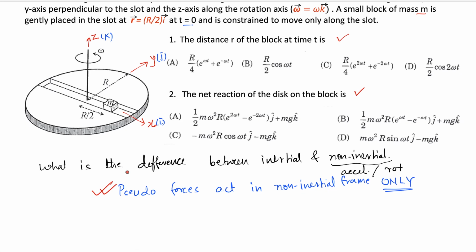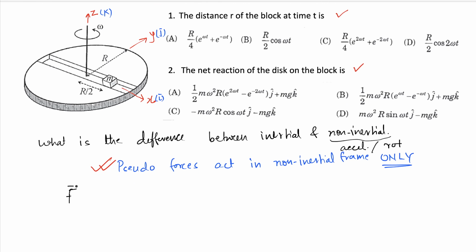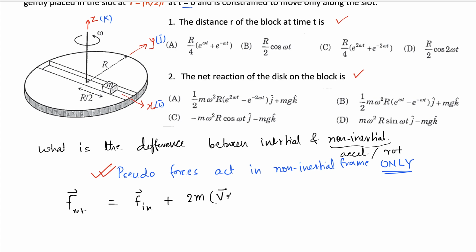And if you see this equation, F rotational equal to F inertial plus 2m omega into v, this is rotational, plus m omega into omega into r.